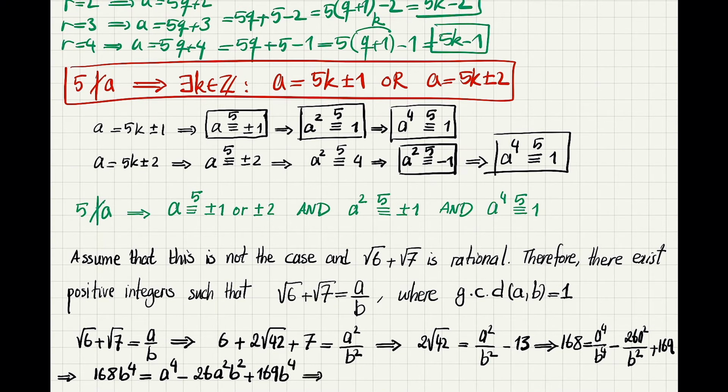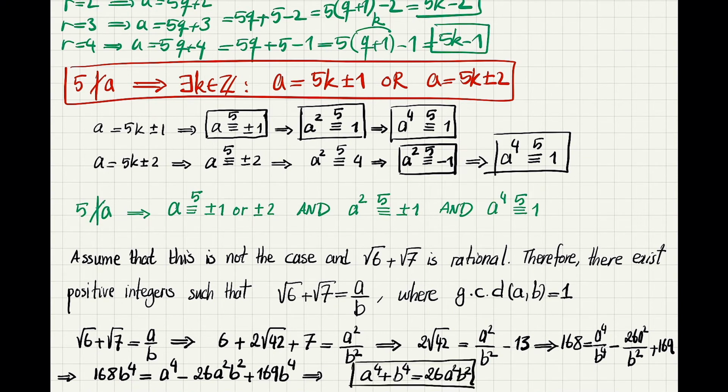Okay, and then you can see that I can move this to the left hand side, make it positive, move this term to the right hand side, make it negative. 169 b to the 4 minus 168 b to the 4 becomes just b to the 4. So simply I will get a to the 4 plus b to the 4 is equal to 26 a squared b squared.